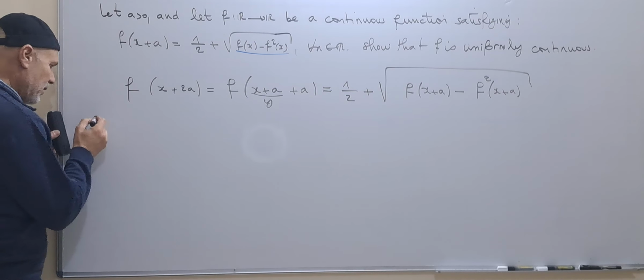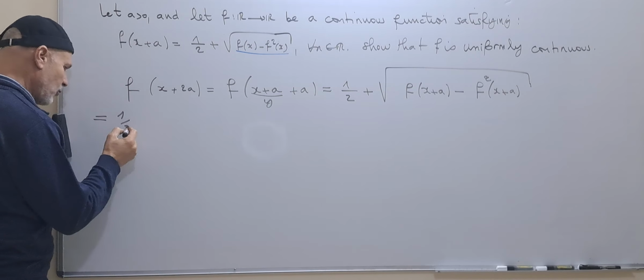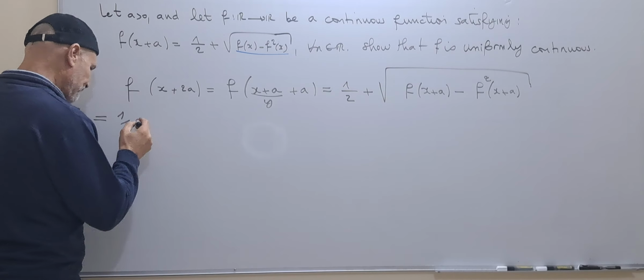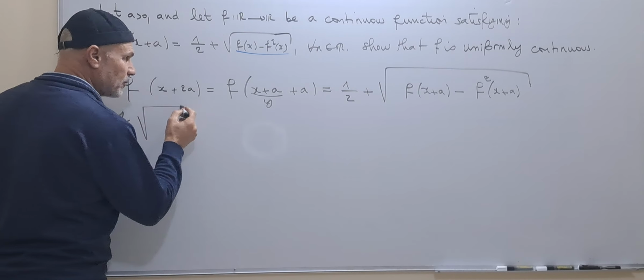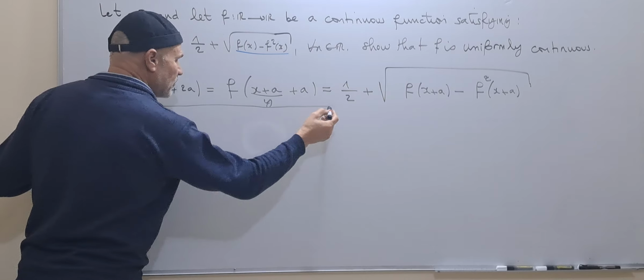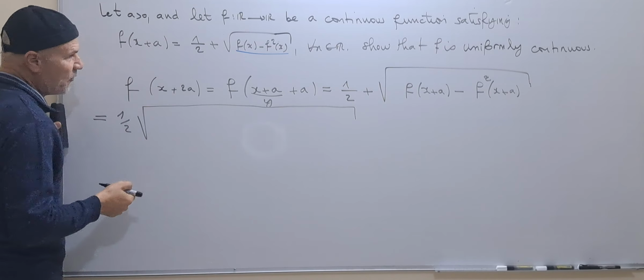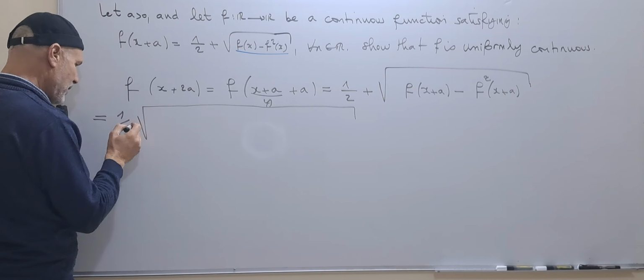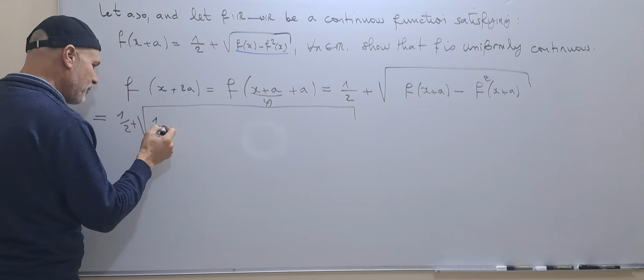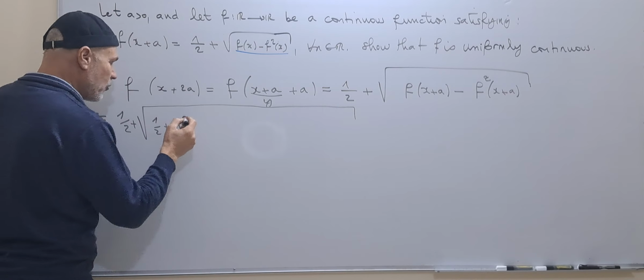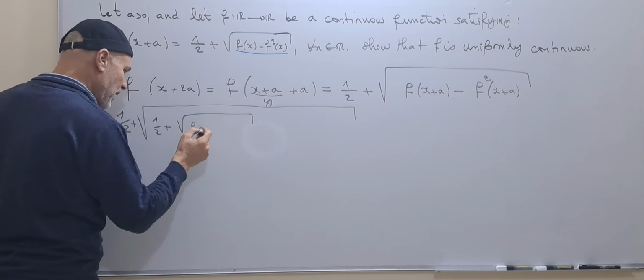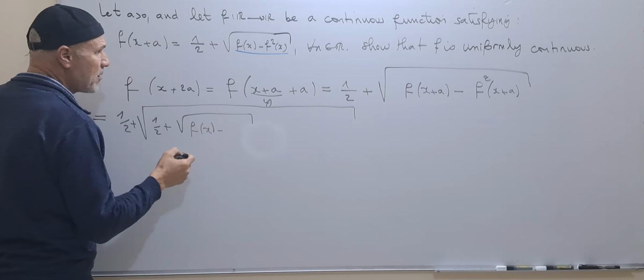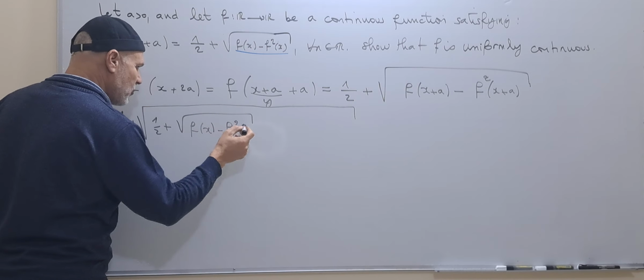Which is equal to 1/2 plus the square root. f of x plus a is equal to 1/2 plus the square root of f of x minus f square of x.